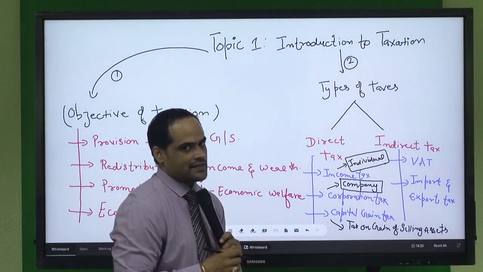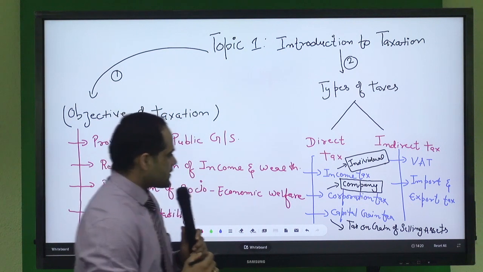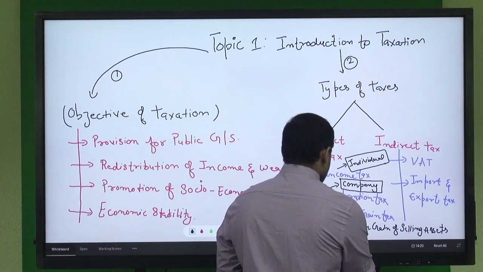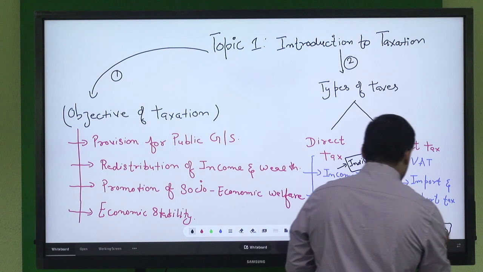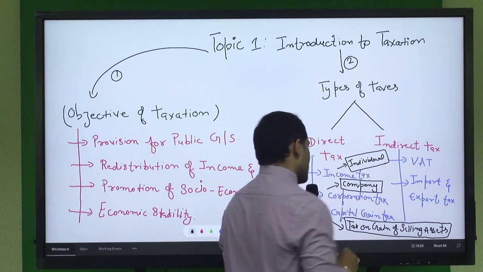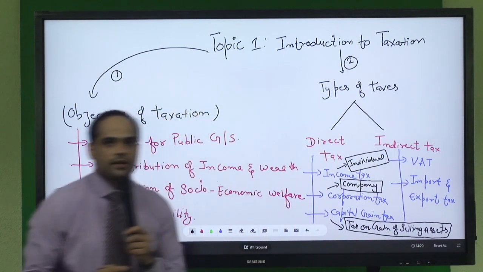Tax on the gain of selling assets. Right? So these are the examples of income tax, corporation tax, and the capital gain tax.